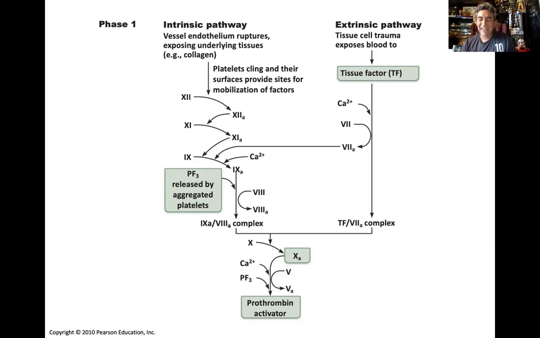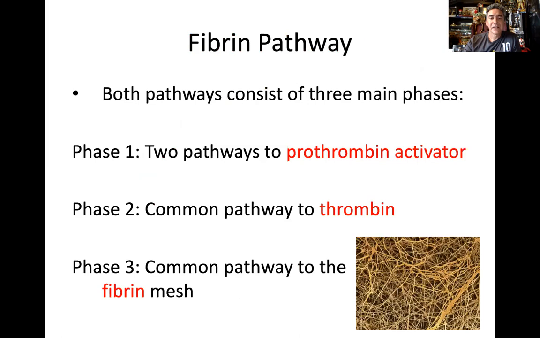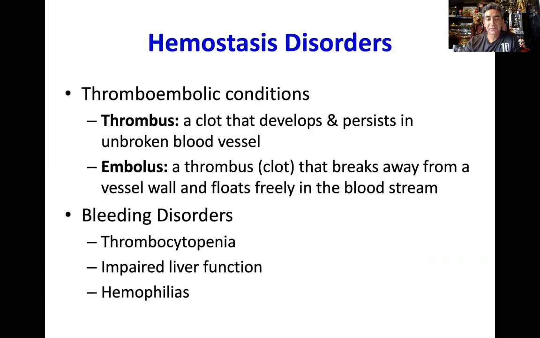Right? So it's a genetic clotting deficiency. So hemophilias, impaired liver function, thrombocytopenias, all kind of related in the idea that we're not having enough clotting, right? So not enough platelets, not enough clotting factors, or genetic abnormalities or genetic deficiencies in the clotting factors.